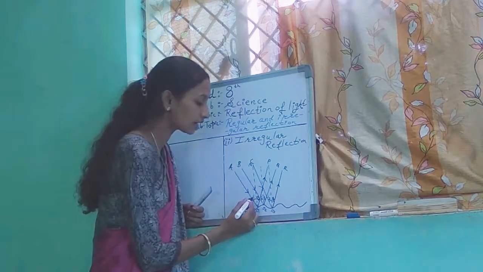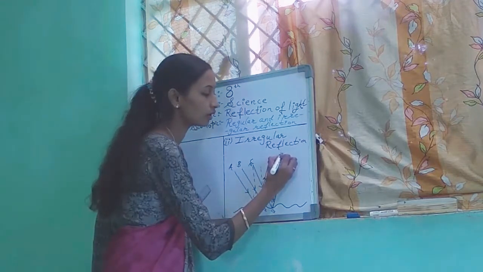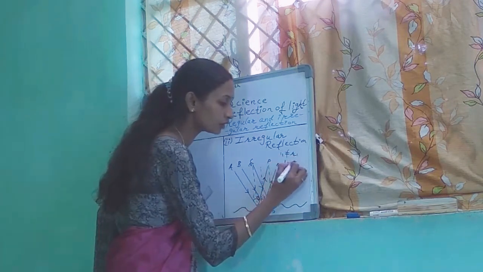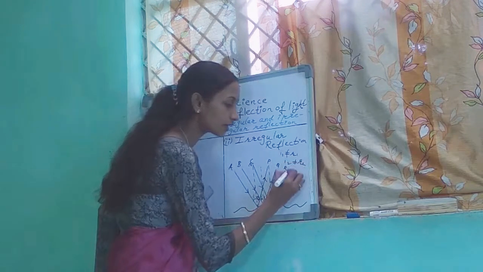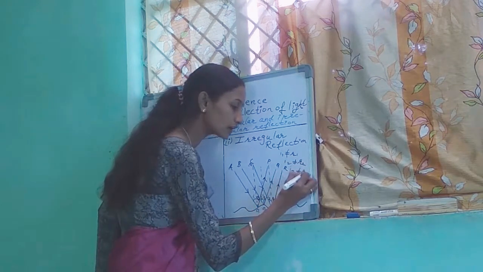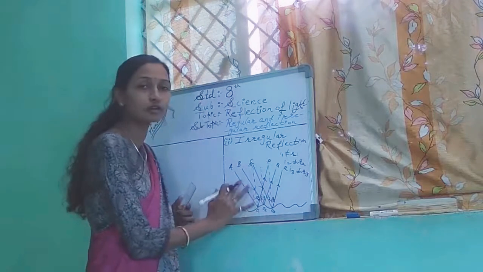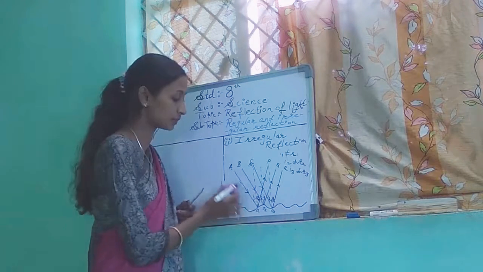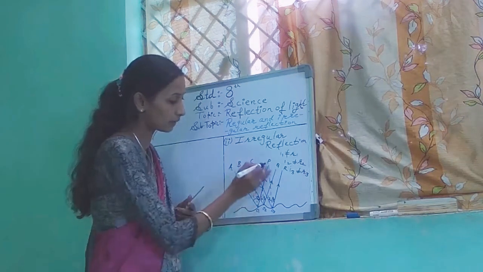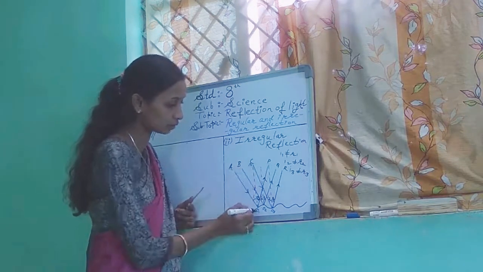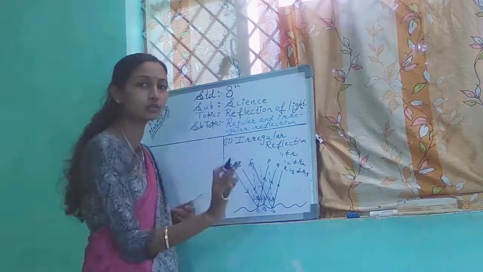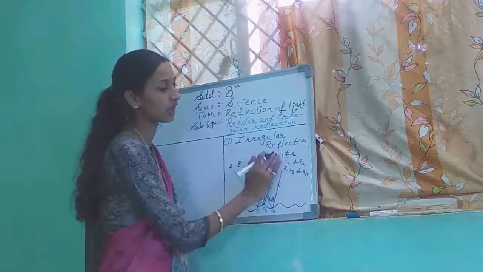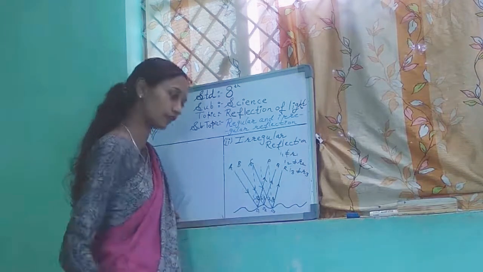That's why angle I1 will not be equal to angle R1, I2 will not be equal to R2, and similarly I3 will not be equal to R3. Here all the angles of incidence will not be equal to the angles of reflection. The respective angles, angle AO1N and angle NO1P, will not be equal to each other. So we say that in irregular reflection, the angle of incidence is not equal to the angle of reflection.